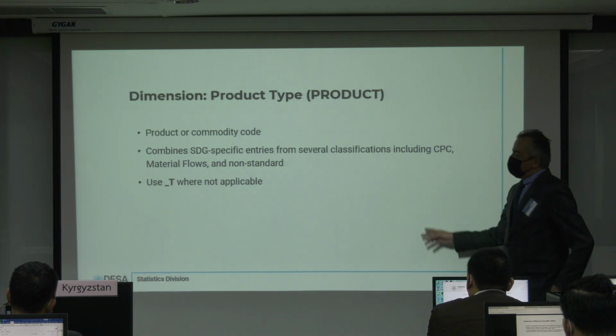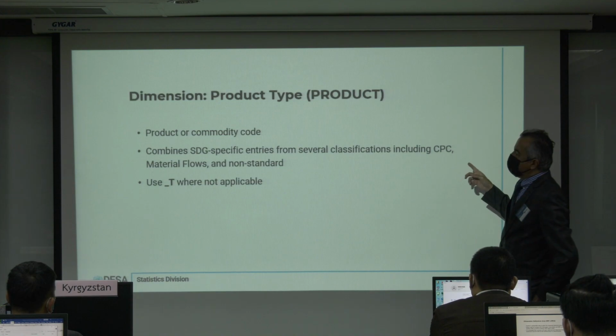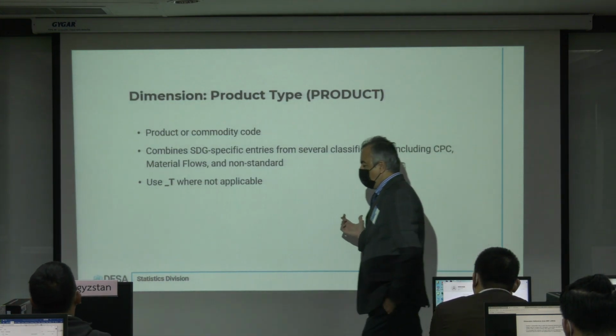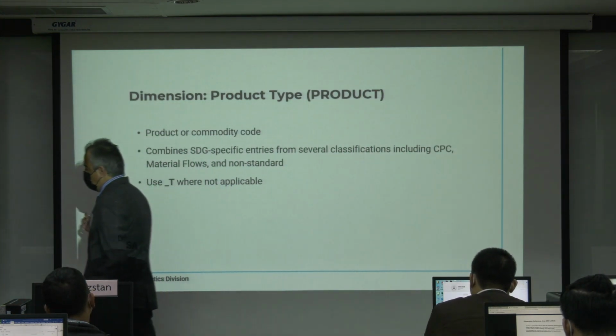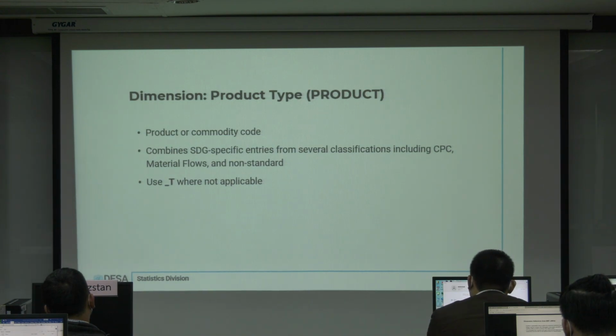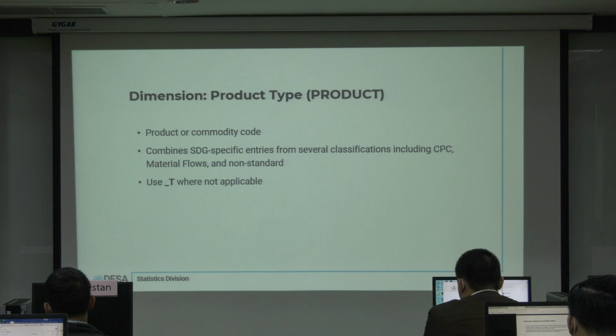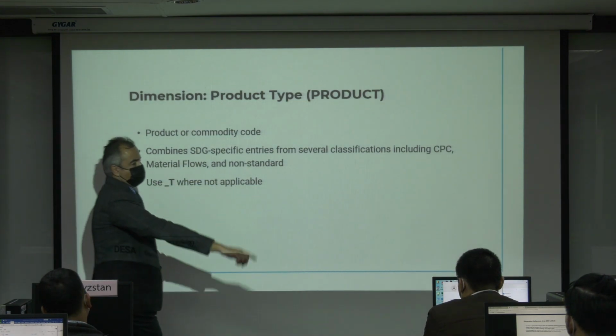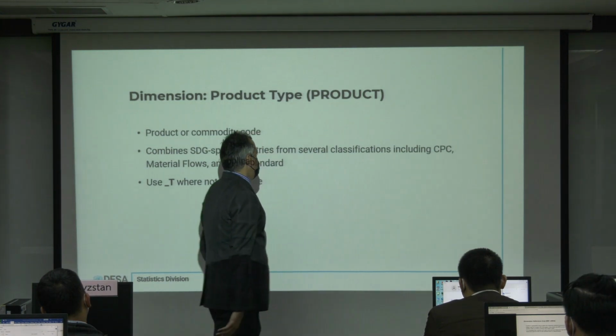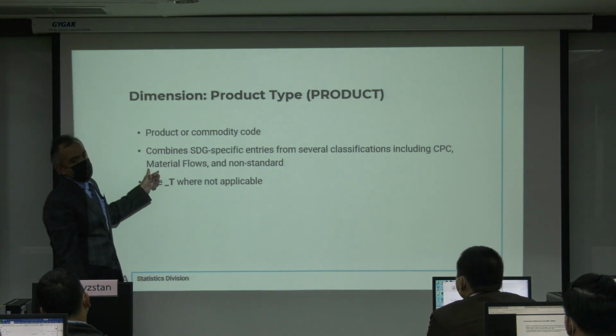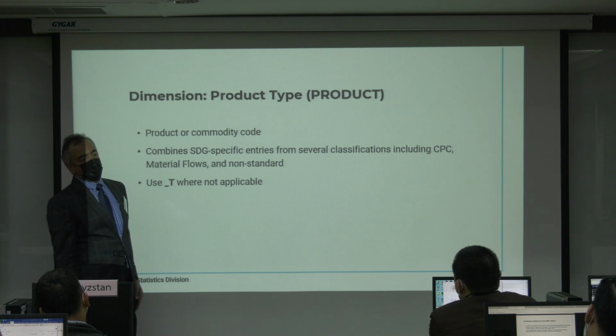Type of product, this is a difficult one because different SDG indicators supplied by different custodian agencies use different classifications of products. FAO uses Central Product Classification, CPC. UNEP uses the material flows classification of products.